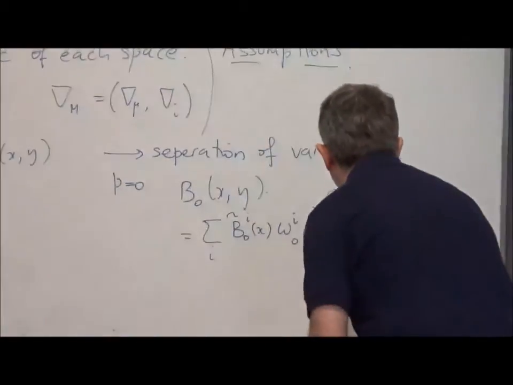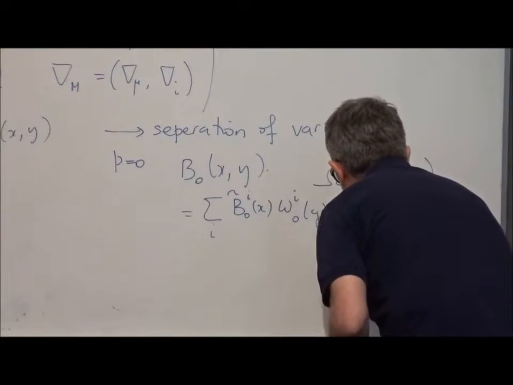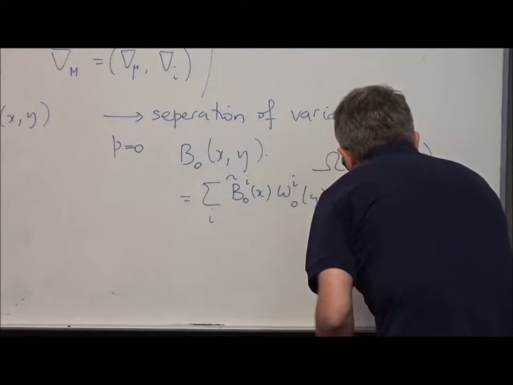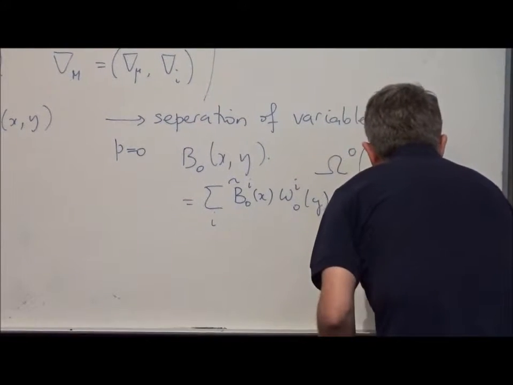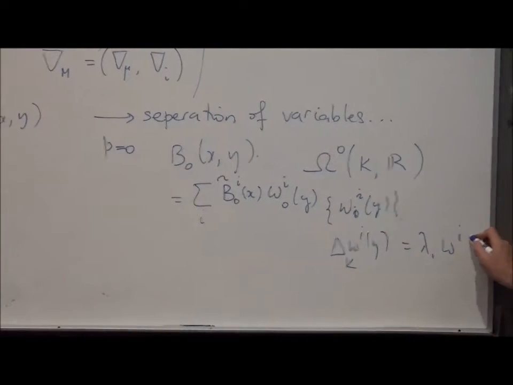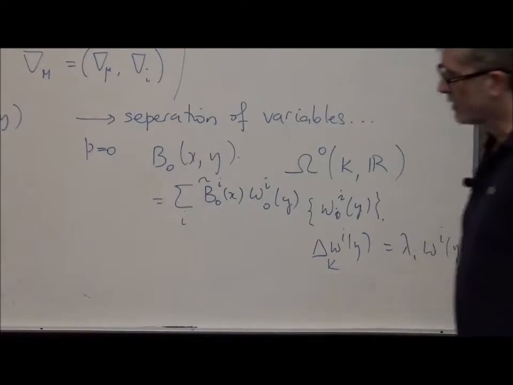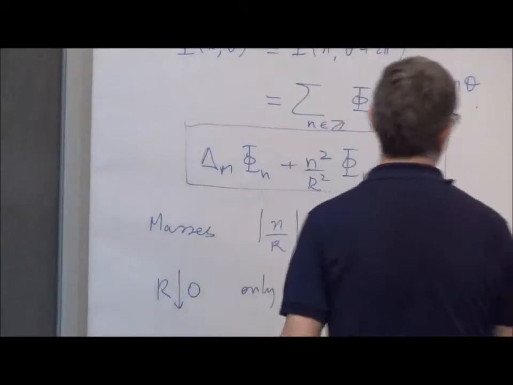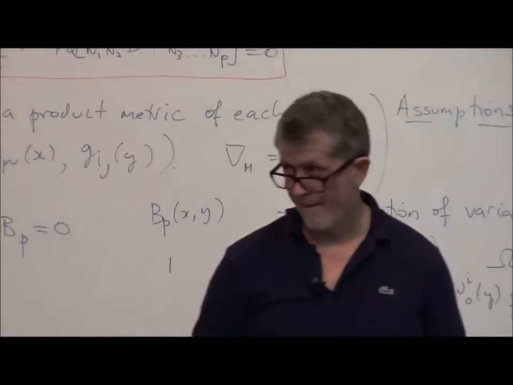If I do take these to be eigenstates, so for example, if I choose these, like I chose over there, to be eigenstates, like that, then I will get an equation which looks awfully like this. That looks like the Helmholtz equation.